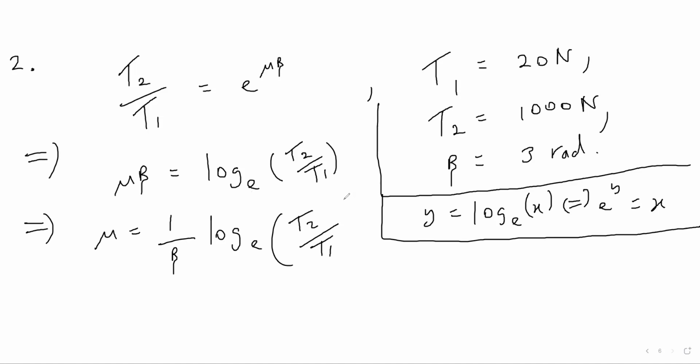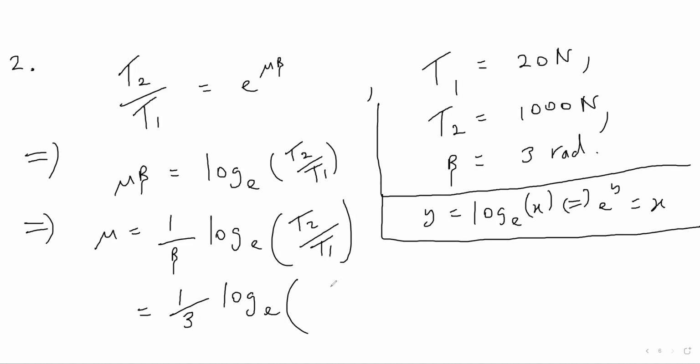All right. So now that we've solved for mu, we can go ahead and substitute the given quantities. So this equals 1 over beta. Now beta is given by 3 radians. So in place of beta, we put 3. And we multiply this by log E of the following.